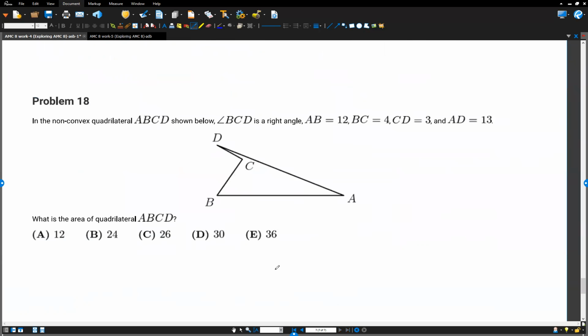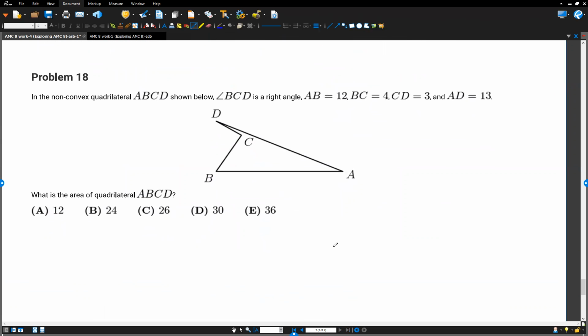Okay, another geometry, because we didn't do geometry too much, but usually geometry is very easy. This is non-convex. This we said is a convex figure. Convex means all the angles inside cannot be more than 180.